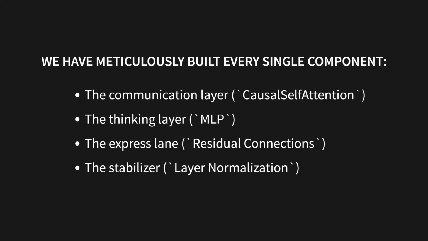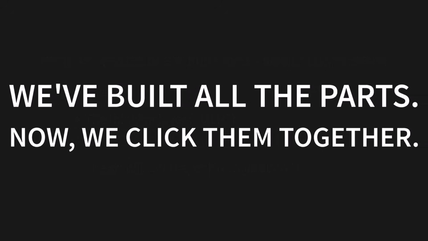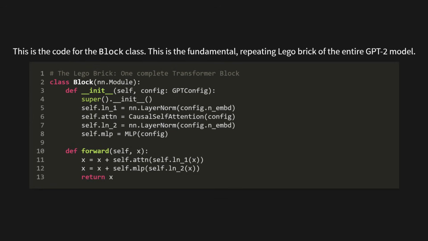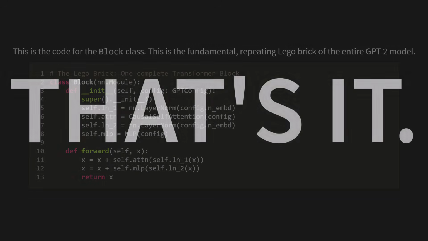Now we click them together. This is the code for the block class. This is the fundamental repeating Lego brick of the entire GPT-2 model. That's it. I'm serious, that's really it. And you already understand every single piece of it.